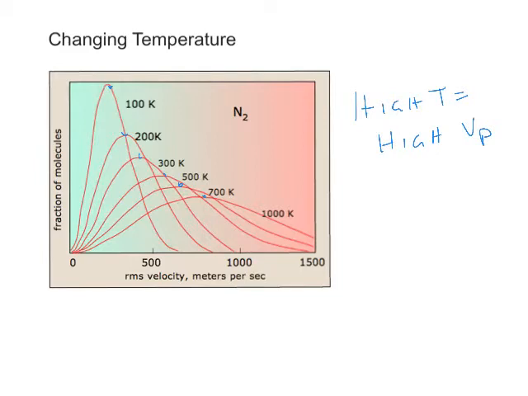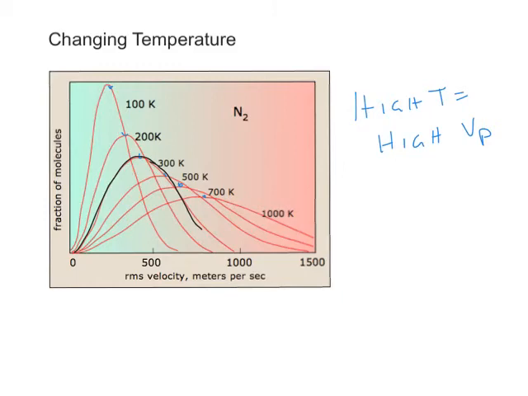So if you were asked to select a distribution for a higher temperature, you would want to make sure that if I gave you, say, this 300 distribution right here, you would want to select a distribution that has a peak at a higher speed. If I asked you for a distribution for a lower temperature, you would want to make sure that you pick one that has a peak at a lower speed.